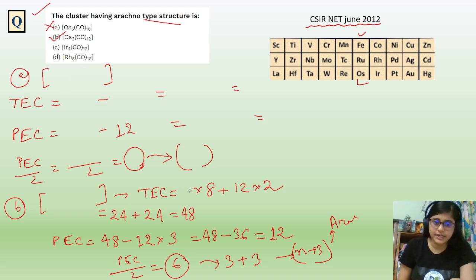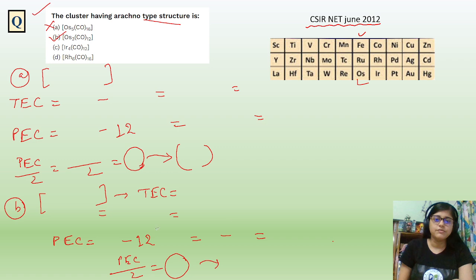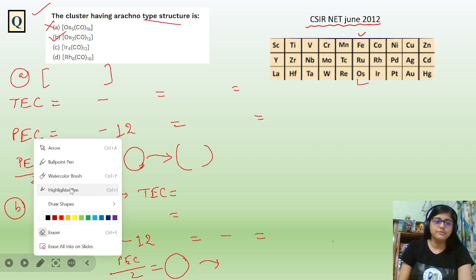Because 3 options are left now, so that's why I am just removing parts. Fine. So it is 12 into n. Here the value will be there. Here also a different value should be there. Here PEC by 2 will be different. It is also different, and this is also, and again this. Fine. Now we can solve this, right?